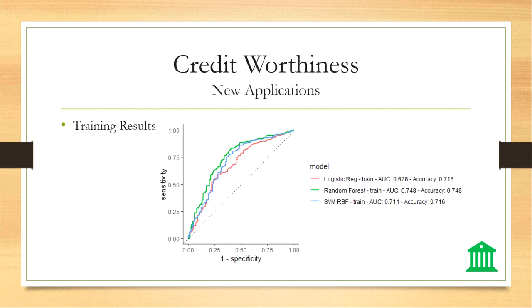So here are the training results using our metrics of AUC and accuracy. We can see that random forest did well in both metrics. It's in green, followed by the blue support vector, and then the logistic.